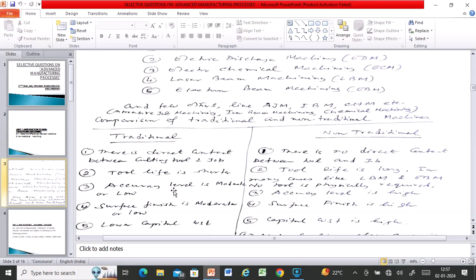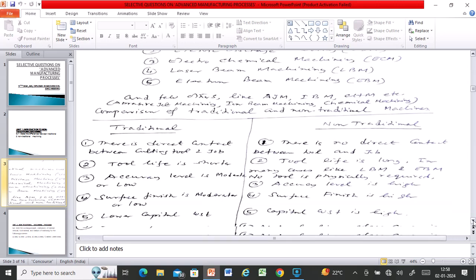Number 3, accuracy level in traditional machining is moderate or low, and in non-traditional machining, accuracy levels are very high. Similarly, surface finish is moderate or low in traditional machining, and in non-traditional machining, surface finish is very high.